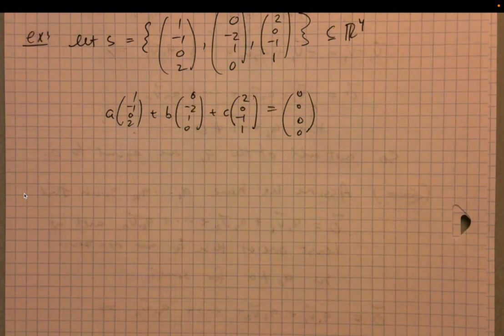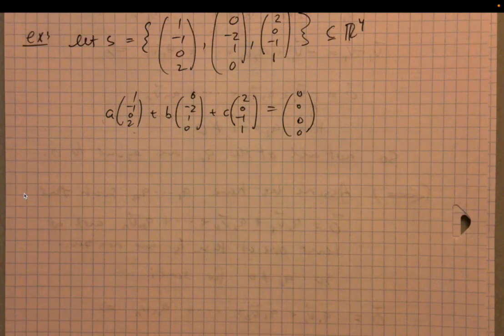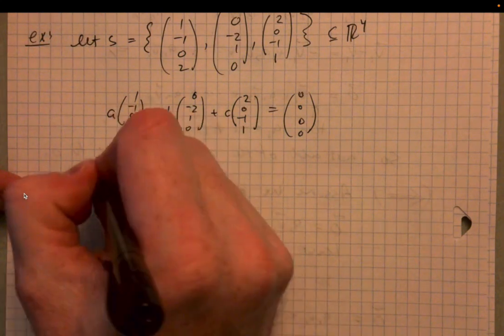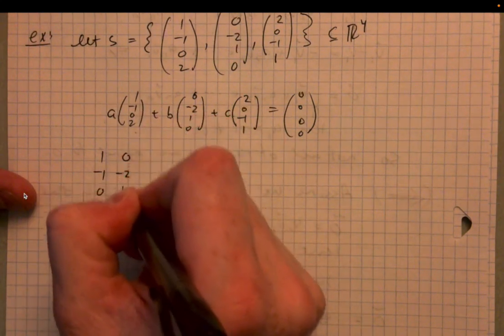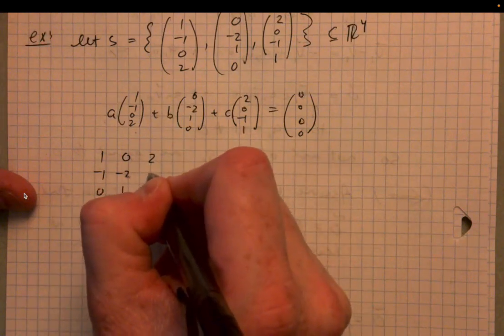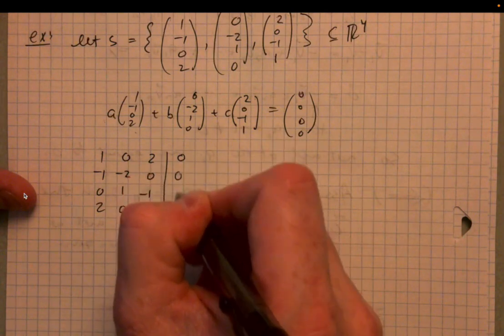Now, what's a quick way to test such things? As is, this is very challenging. What are you going to do, systematically guess and check? No. So one of the things we can do is plug this into a matrix and use row reduction. So (1, -1, 0, 2), (0, -2, 1, 0), (2, 0, -1, 1), and then this is an augmented matrix (0, 0, 0, 0).